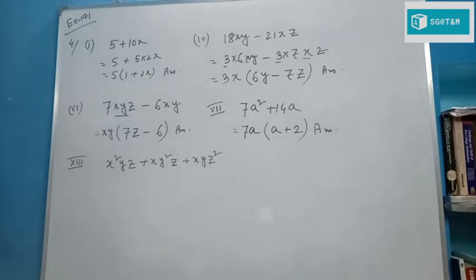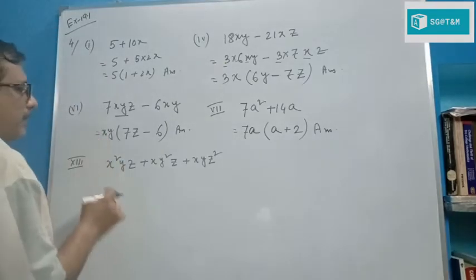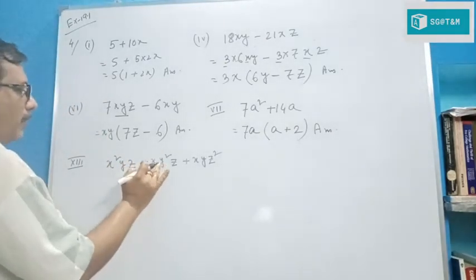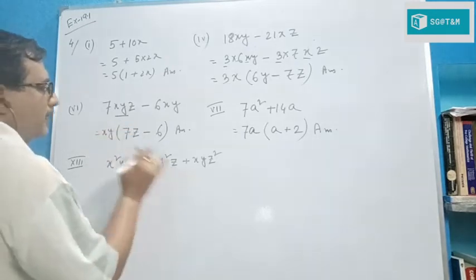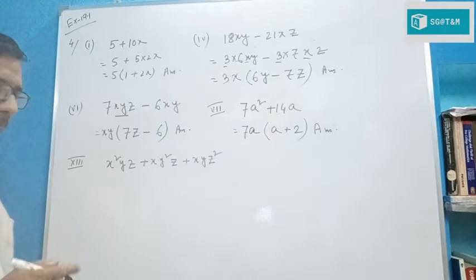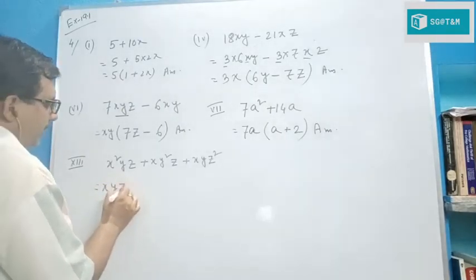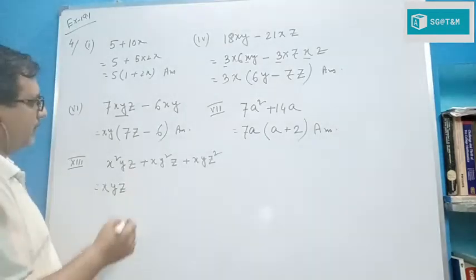Here there are 3 terms, not 4 like the previous problems. So first, which are the common terms? Here is x square, y into z present. Here x is also present, y square present, and z is also present. This has x present, y present, and z square present. So if we take common x, y, z is common.